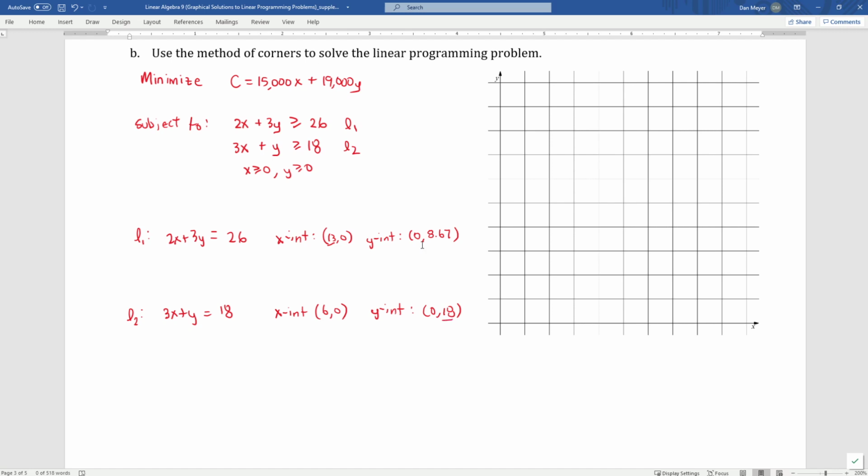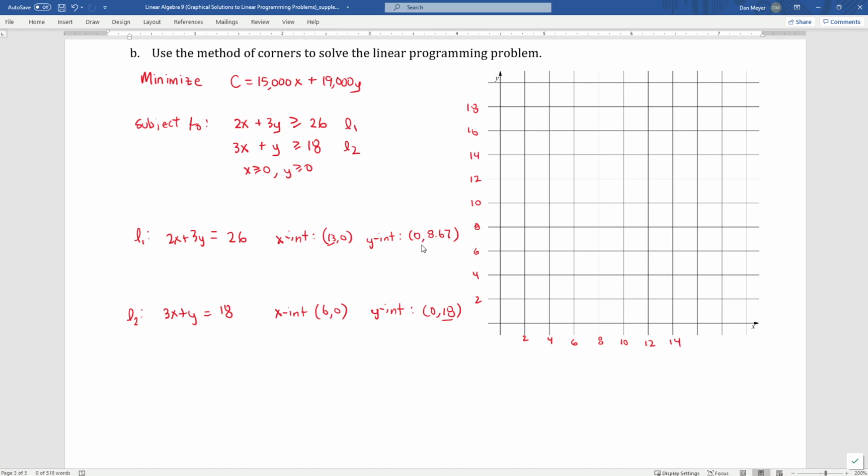So maybe I should just go by 2s. So we've got 2, 4, 6, 8, 10, 12, 14 as far as I have to go on the x-axis, and 2, 4, 6, 8, 10, 12, 14, 16, 18 as far as I have to go on the y-axis.